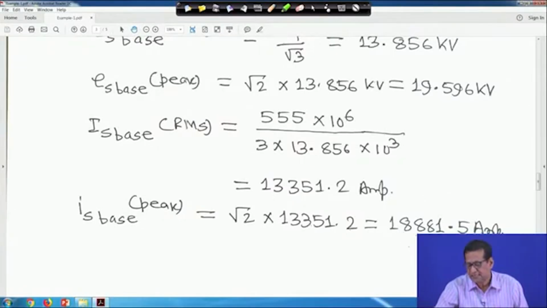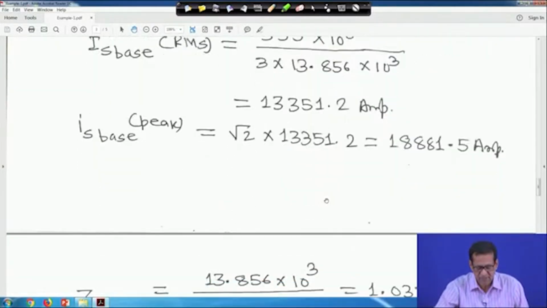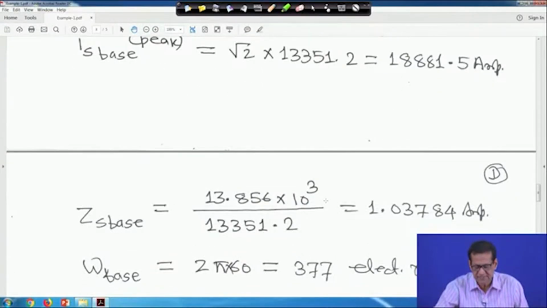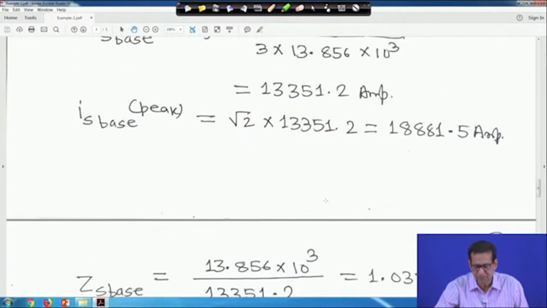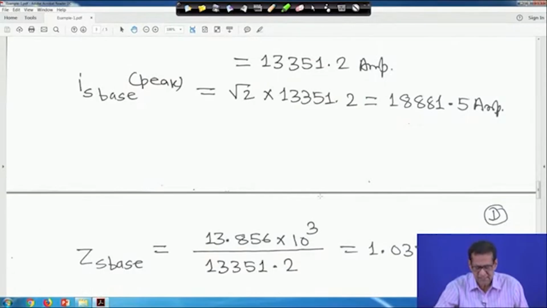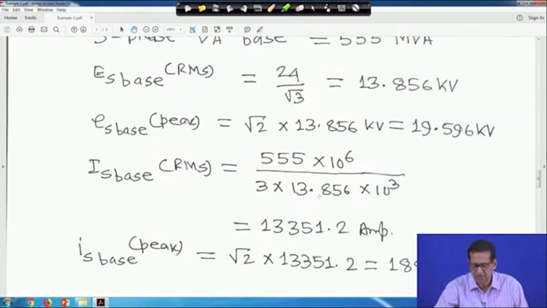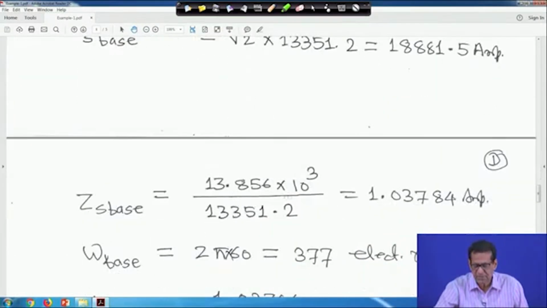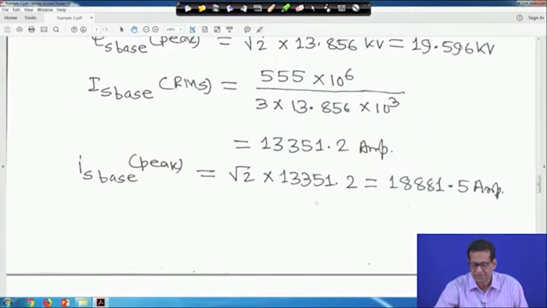So it is 18,881.5 ampere, that is IS base peak. Therefore, ZS base will be 13.856 into 10 to the power 3 divided by 13,351.2. This comes to 1.03784. There is actually a dimension error here.